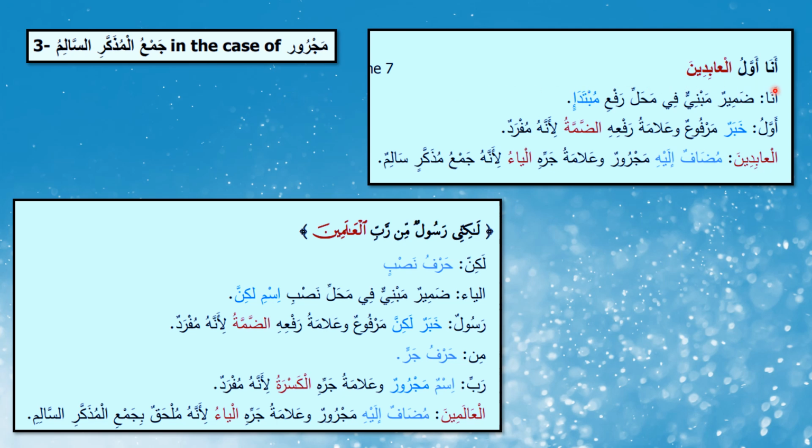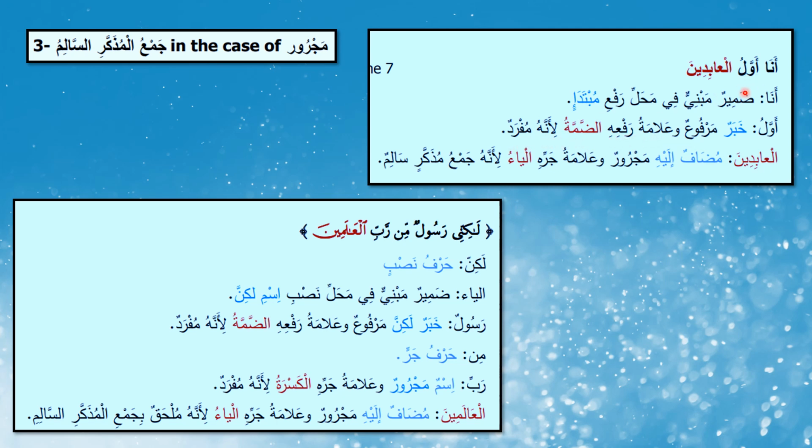In this sentence, you will see the idafa construction. أنا أول العابدين. So أول العابدين is an idafa, and أنا is in the position of mubtada since it's a jumla ismiya. So أنا is ضمير مبني في محل رفع مبتدأ. أول is خبر مرفوع وعلامة رفعه الضمة لأنه مفرد.